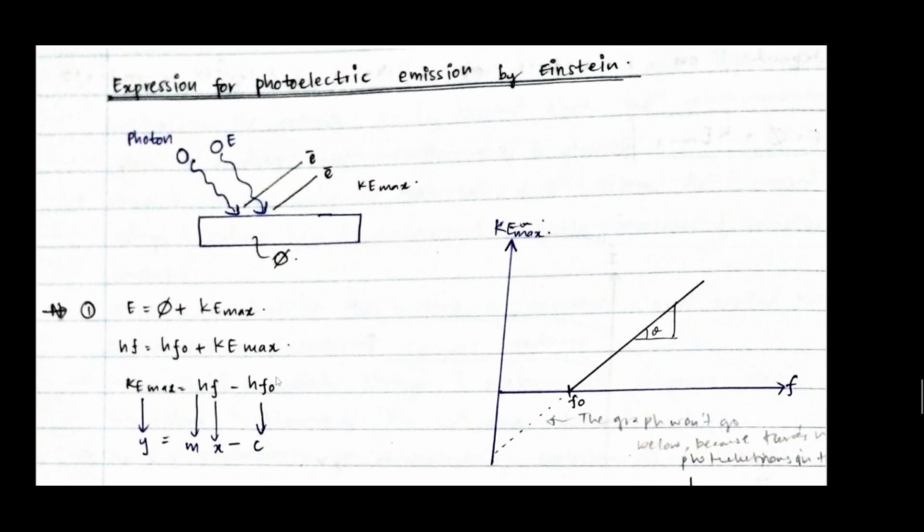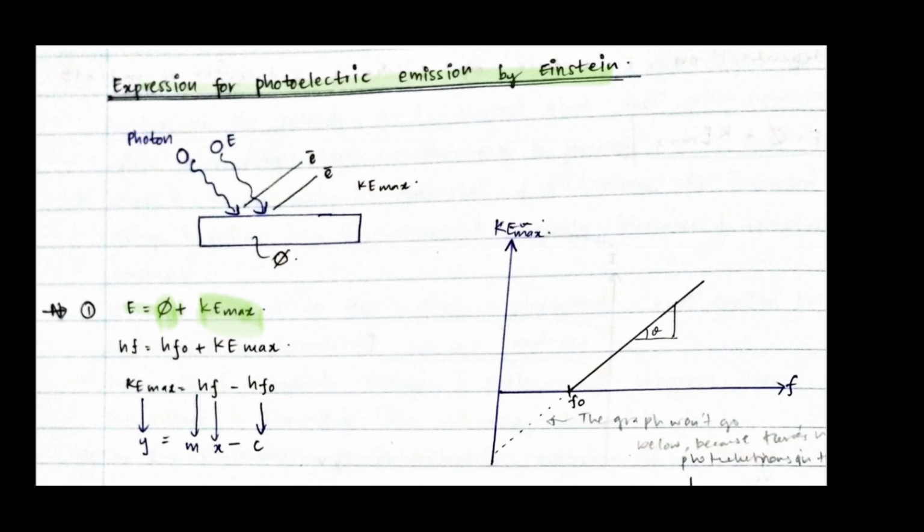Next, let us look at the expression for photoelectric emission by Einstein. According to Einstein, the energy of a photon is the work function plus maximum kinetic energy. We already discussed this equation, but we didn't state whose idea it was. So now we know whose idea this is: E is equal to phi plus maximum kinetic energy.